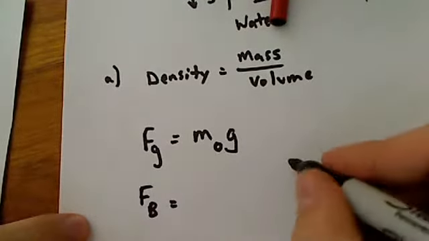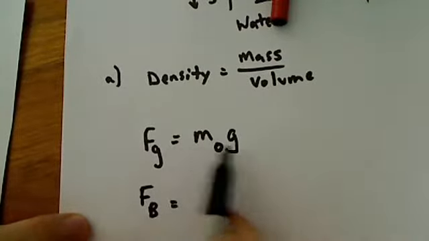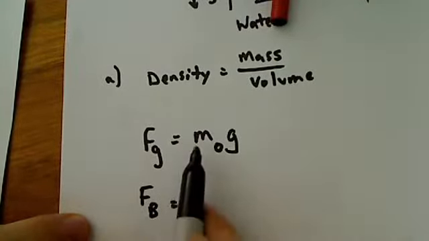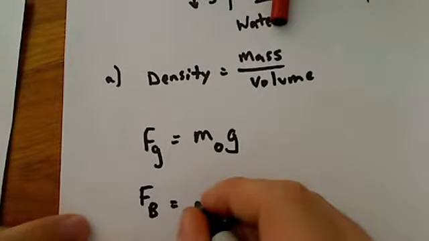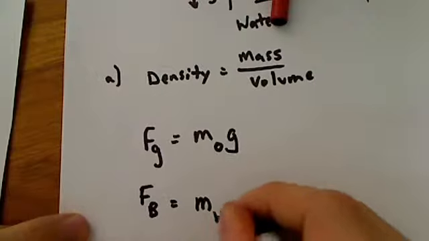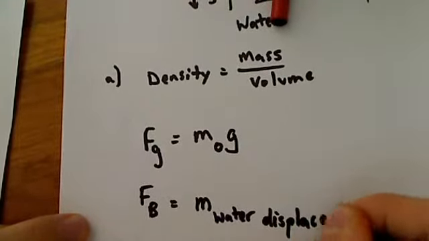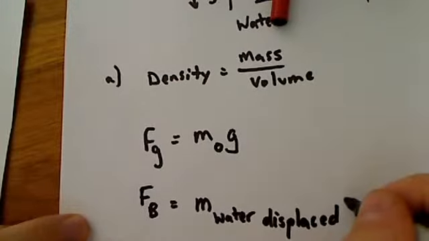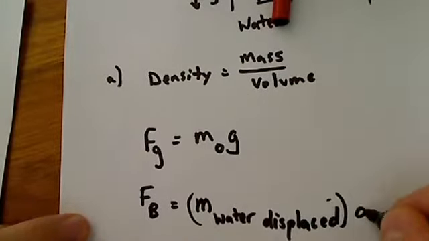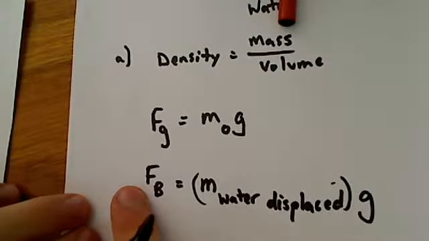What does that mean? Buoyant force is the weight. Now remember, weight is in newtons. It's mass times gravity. So if I know the mass of the water displaced times gravity, I know what my buoyant force is.